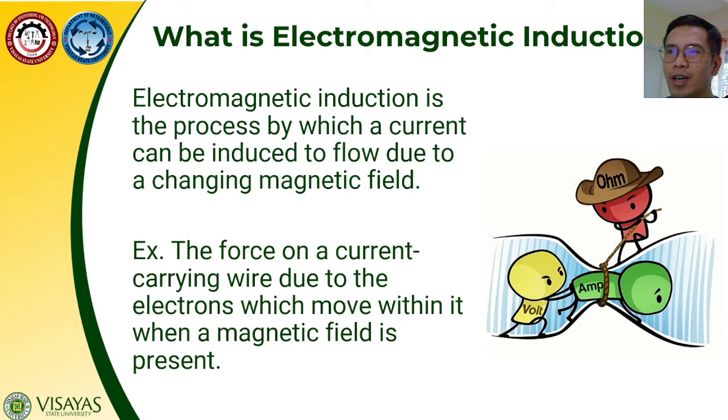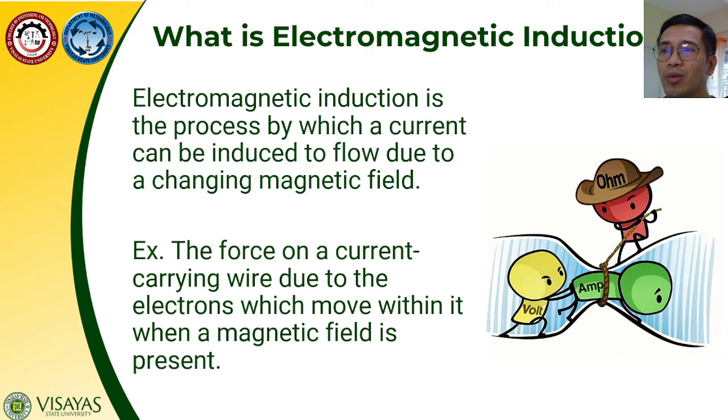During your lecture, I assume you have already discussed magnetic field or magnetic force, you look at the force experienced by moving charges in a magnetic field. The force on a current carrying wire due to the electrons which move within it when a magnetic field is present is one of the classic examples of electromagnetic induction.